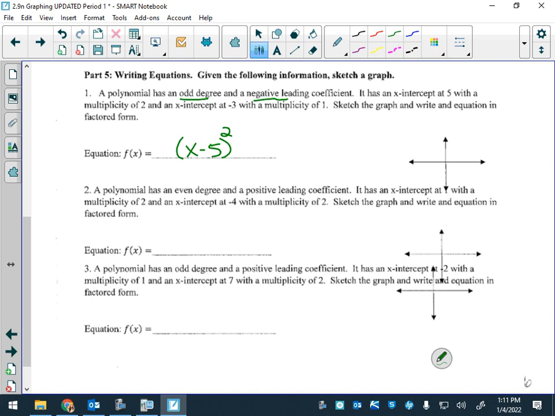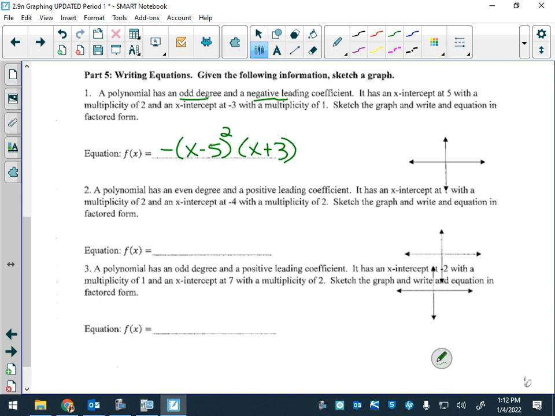Okay. How would I write x-intercept at negative 3 with a multiplicity of 1? Liam? Just parentheses x plus 3. Good. What else do I have to add to this equation? Check. Good, you need the negative.